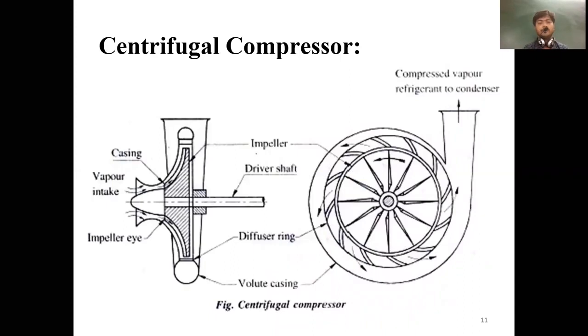Next, centrifugal type of compressor. Here in the centrifugal type of compressor, the refrigerant comes inside through the rotor side inlet, and during the motion of this rotor, kinetic energy is converted into pressure energy because we use the diffuser ring here.